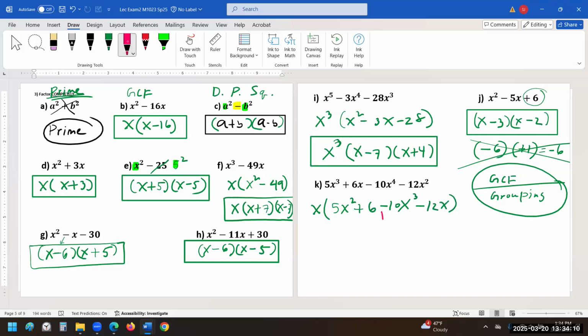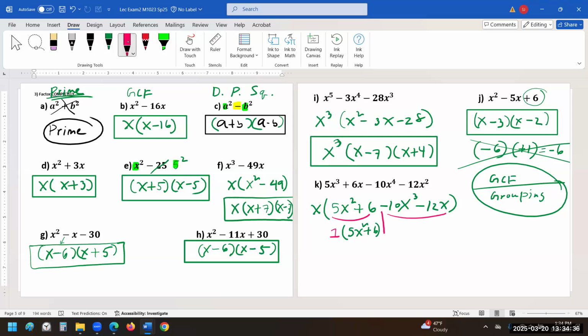We group them into 2 groups. First group, second group. What do you see common in the first group? Nothing, right? When you have nothing, you can factor out a 1. And you have 5x squared plus 6.